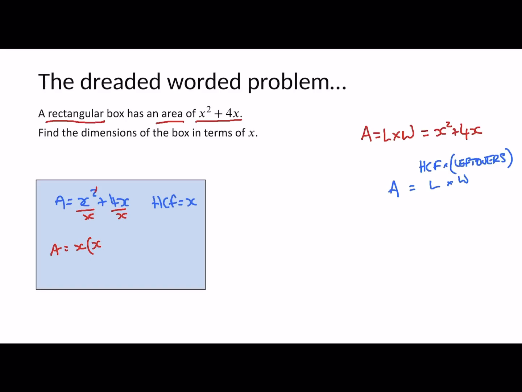Bring down the plus. 4x divided by x is 4. Close brackets. So what that means is our x is our length times the brackets is our width. Okay, let's write that on the side of our box. x goes up there, and the x plus 4 goes down the bottom as our width.